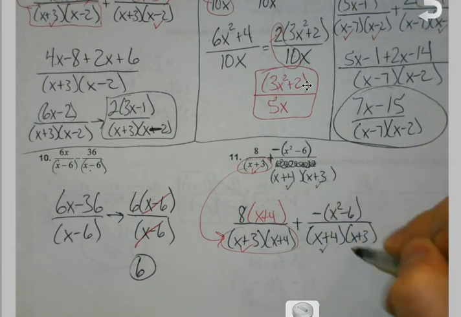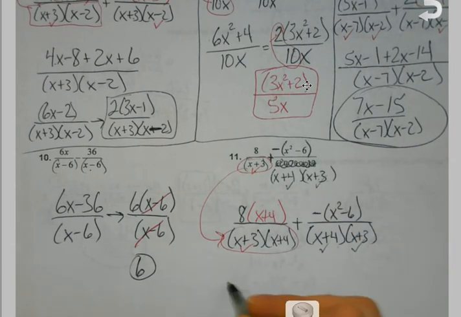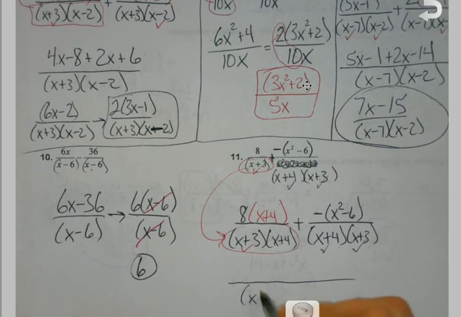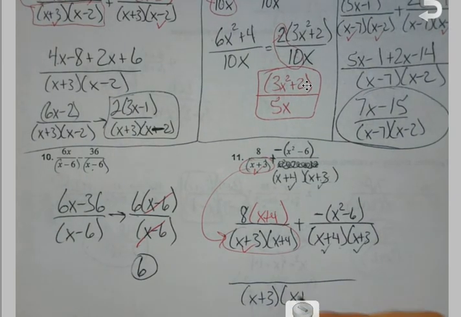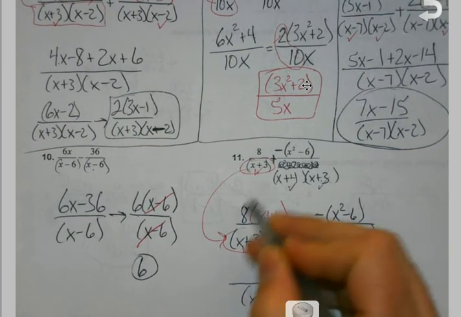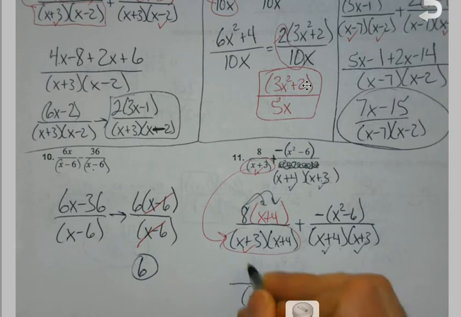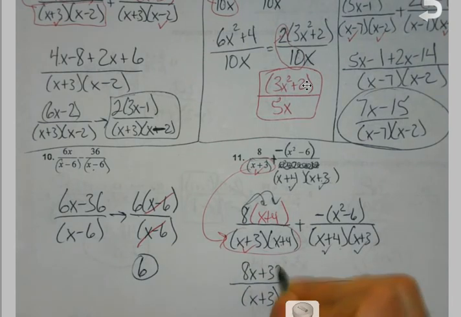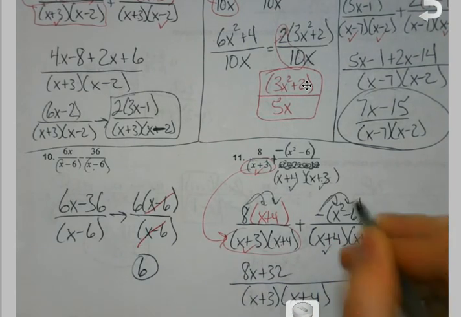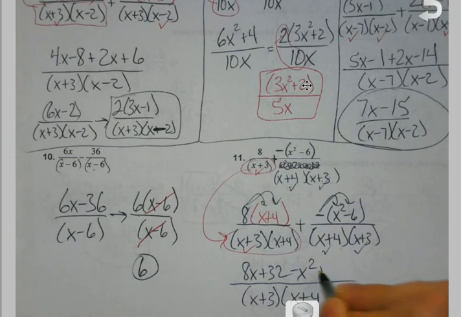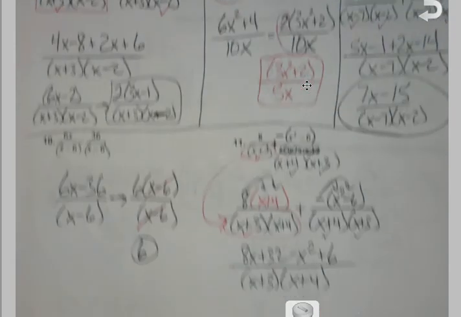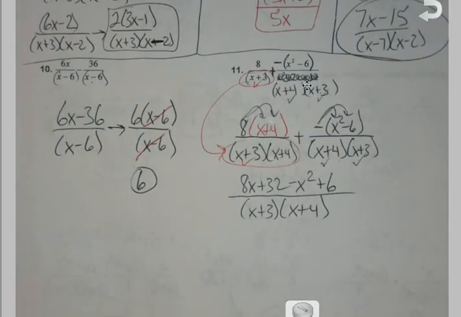What's missing? Not a thing. Going to distribute. I'm going to distribute that negative through over here. Watch it to get that plus 6. It's the little things that can get you sometimes.